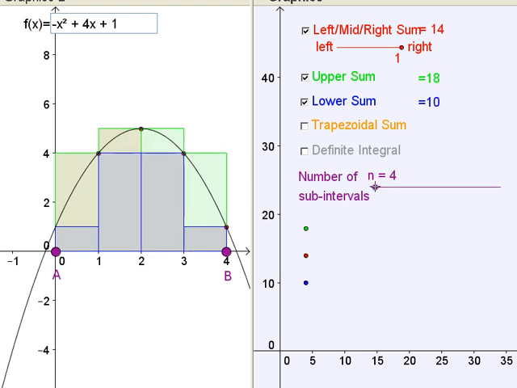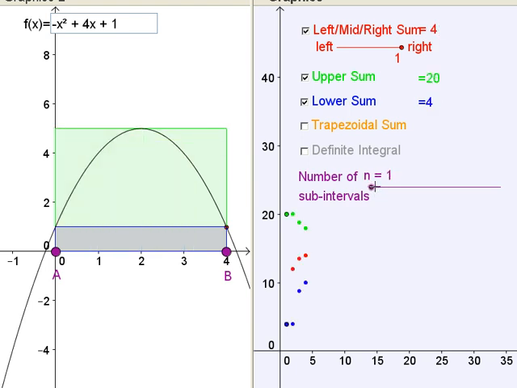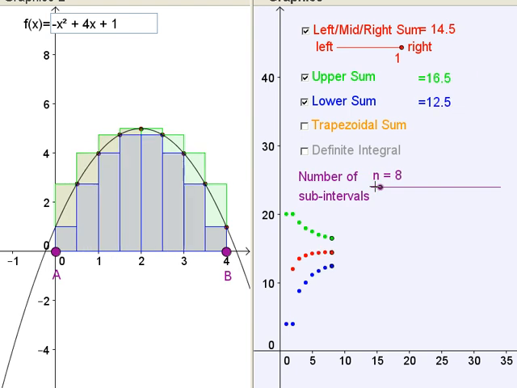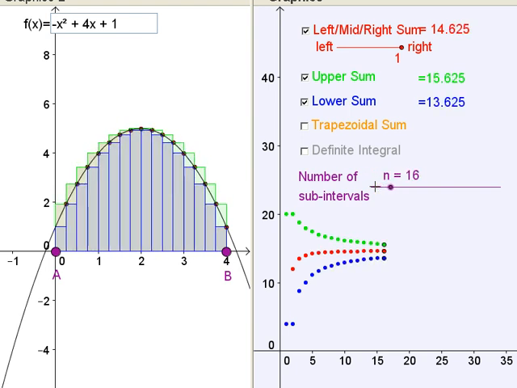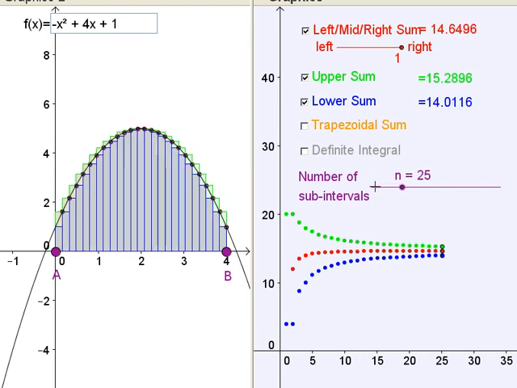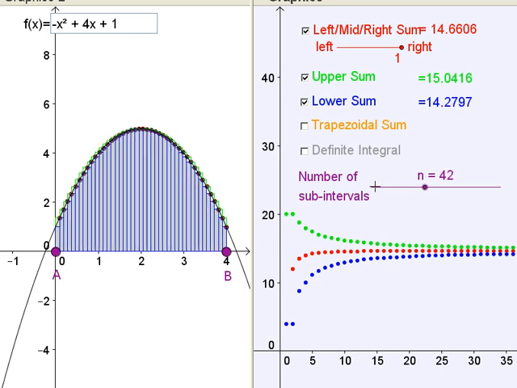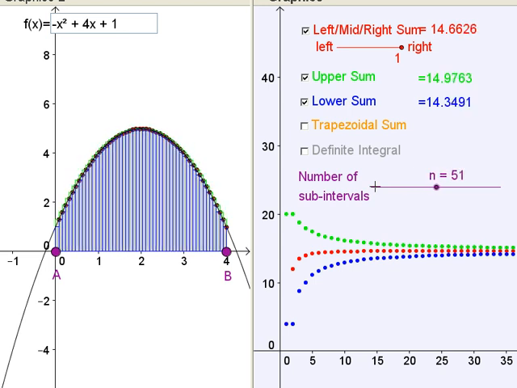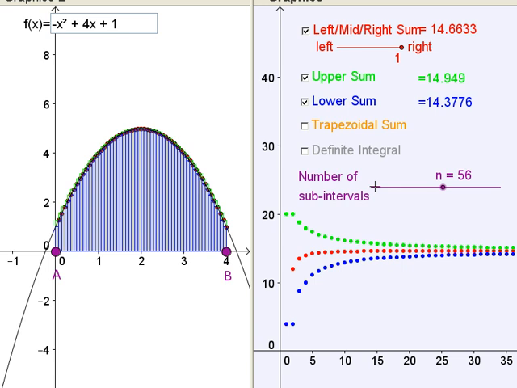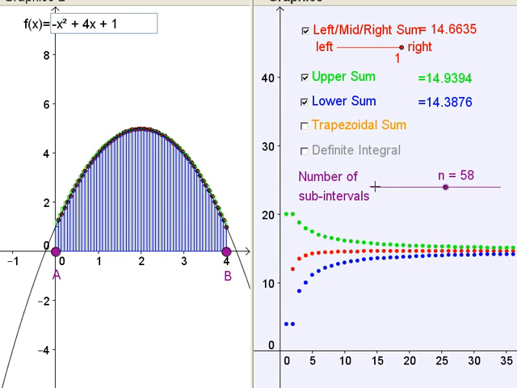And when I change the value of n, the graph on the right reflects the fact that all three of those sums are now converging. They are asymptotically converging to the same value. So when we ultimately take the limit of our right, upper, or lower sum, it doesn't matter which one we use, they all are going to have the same limit.